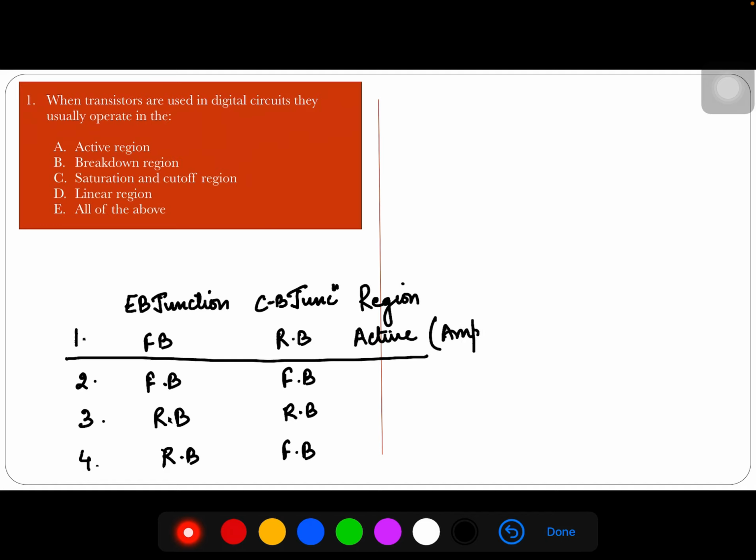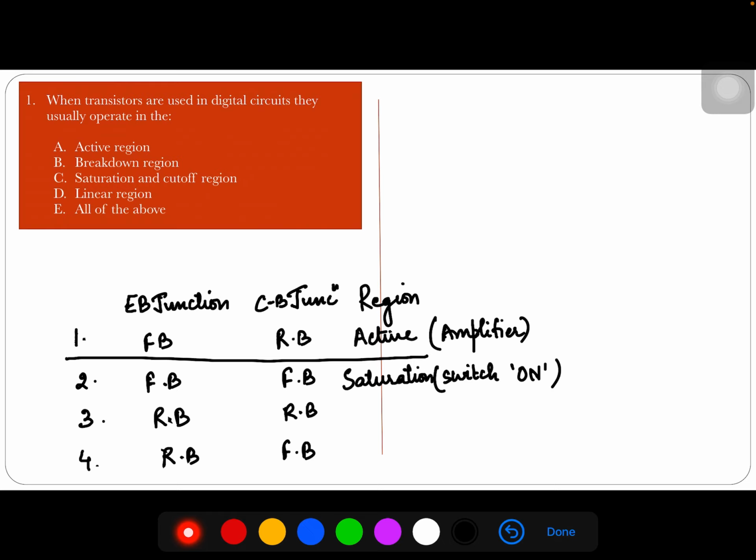So when the transistor acts as an amplifier, basically it is operated in the active region. Similarly, if you forward bias both the junctions, transistor will act as a switch, and a switch can be on or off, so it will be acting as an on switch. And this region is called saturation region.